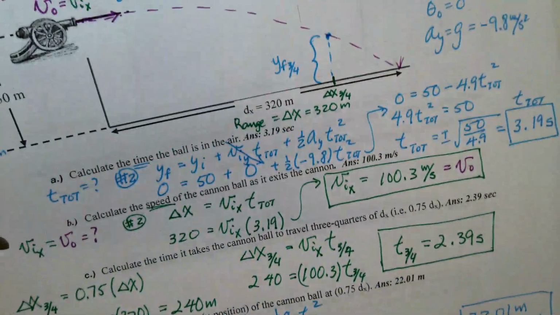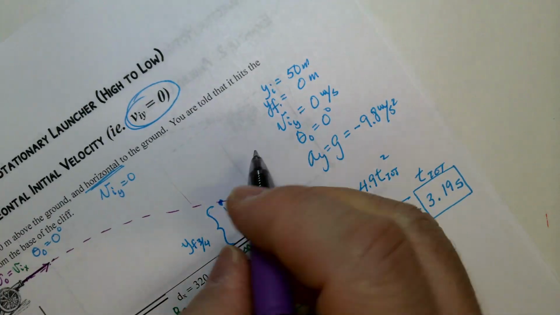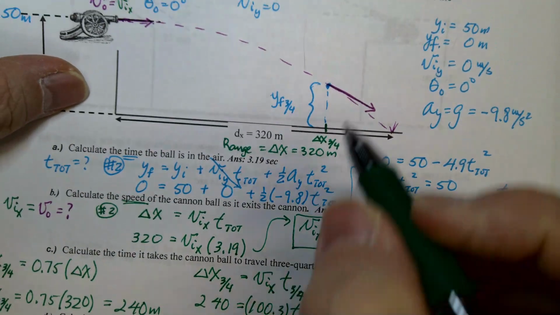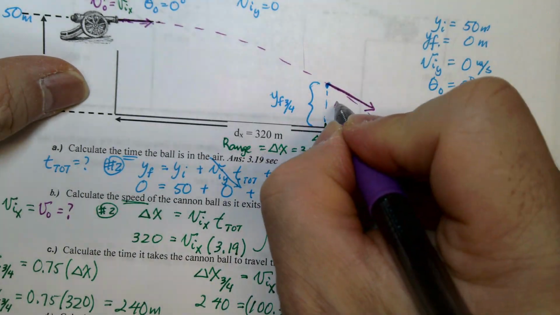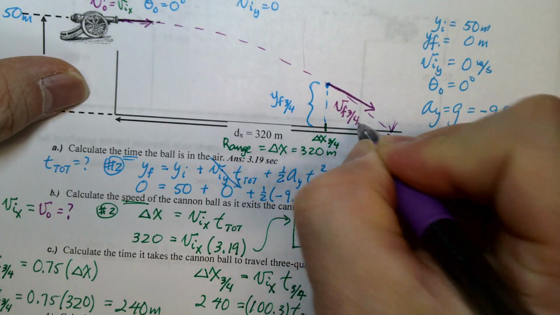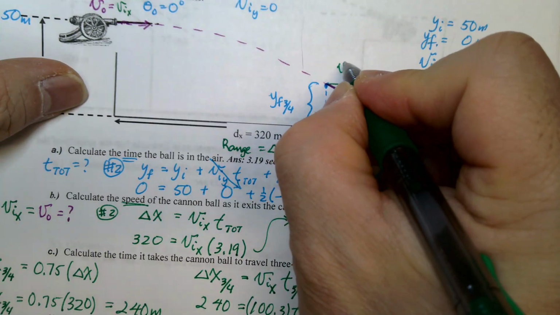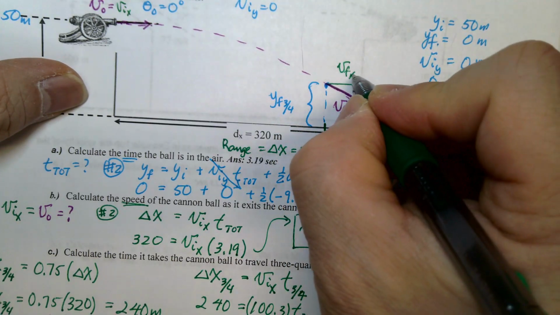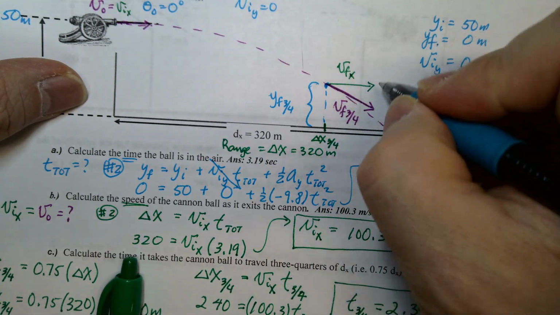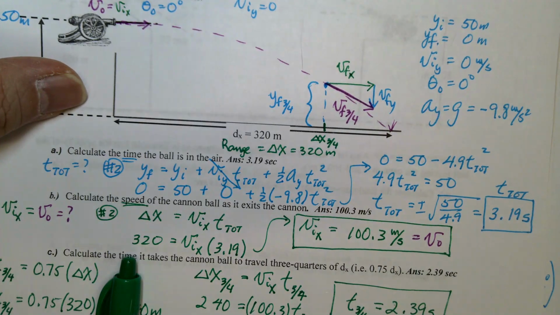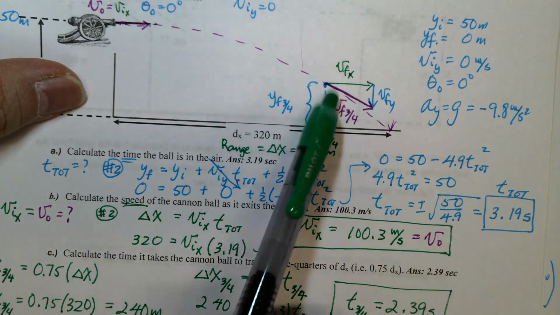Then they ask you to calculate this final velocity right here, right? This final velocity, v final, at 3/4 is equal to this vfx at 3/4 and vfy at 3/4. But vfx is easy.